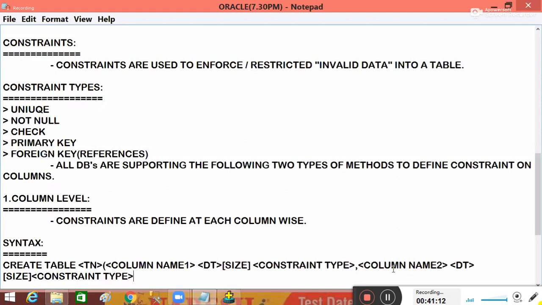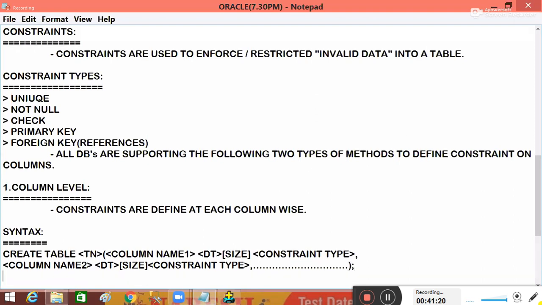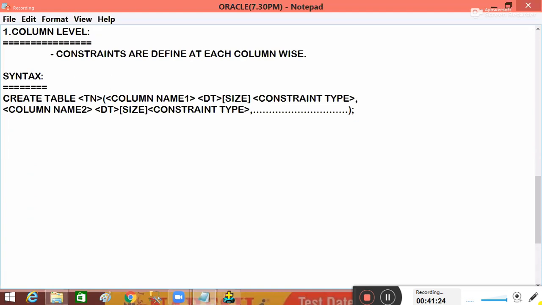So if you see carefully, every individual column wise we applied the constraint. That is called column level. Are you clear on the syntax?